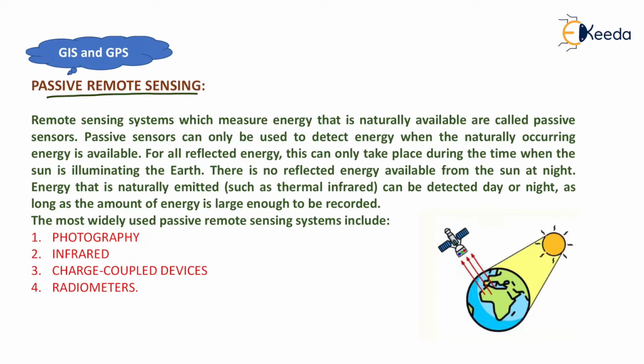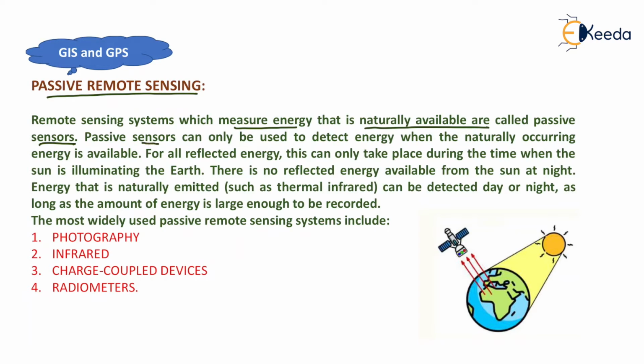Now, remote sensing system which measures energy that is naturally available are called passive sensors. It means that in passive remote sensing system, sun is used as source of electromagnetic rays, and in active remote sensing systems, satellites are used as a source of EMR.